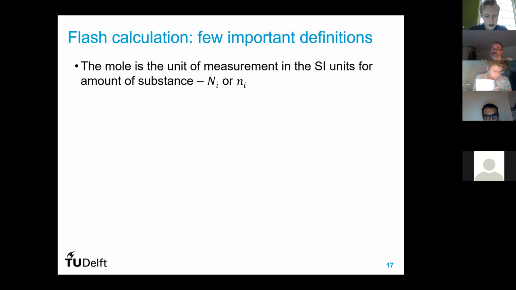Now, more or less, this is how you can estimate the compressibility factor for your mixture. But in reality, what we want to know is how it flashes, how it splits when you mix it. So whether it can form more than one phase, two phases, three phases, and if it can form these phases, what is the separation between these phases?